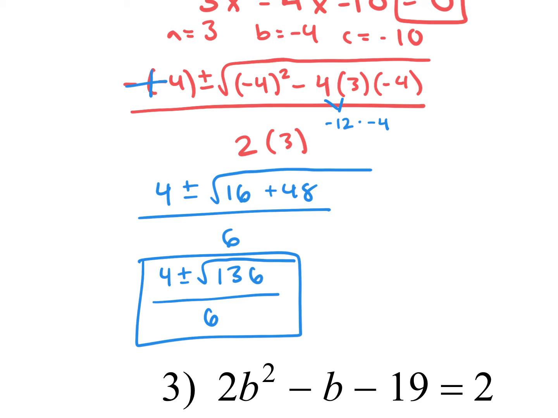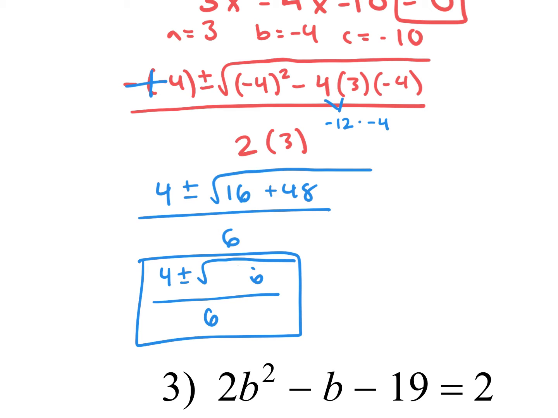If you move the 3 to the other side, it'll probably be negative 4 and negative 6, but it's the same. 16 plus 48. No, shouldn't it be, instead of the negative 4 on the end, shouldn't it be negative 10? Oh, you are right. I plugged it in wrong. So this should be 10 here.